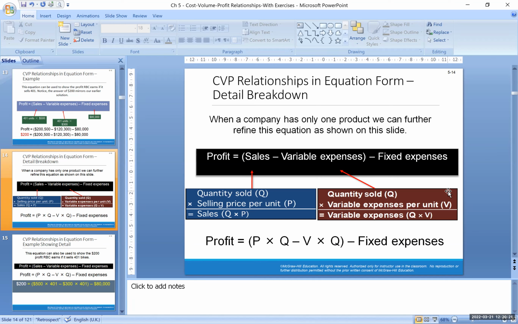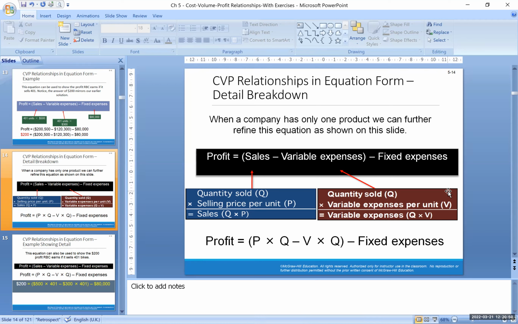Quantity sold, which refers to Q, multiplied by the selling price per 1 unit, which refers to P. So sales are equal to QP. And the variable expenses can be represented by quantity sold, Q, multiplied by variable expenses per 1 unit, which is V. So we can write it down as QV minus the fixed expenses.